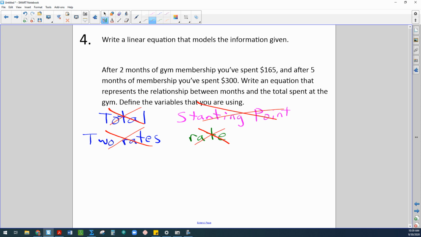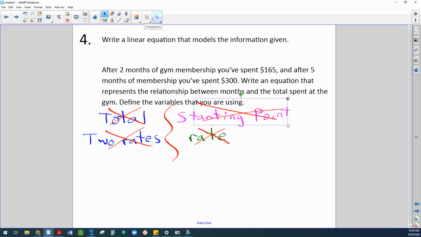Now, if I'm at a gym membership, which one of these makes more sense? Would it make more sense to have two different rates at the gym membership and a total? Or would it make more sense to have one rate at a gym membership, like you're paying a fee per month, and then a starting point, like you have to pay so much to join the gym?